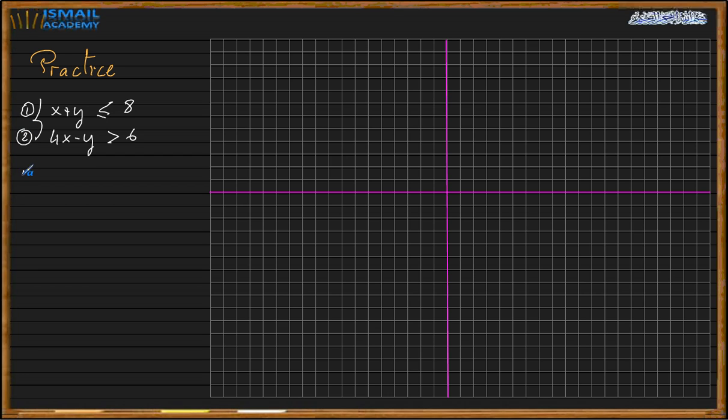I will start with the first inequality. First I will draw the line x plus y equals 8, my first constraint. I'm going to use the intercept method to graph my first equation.